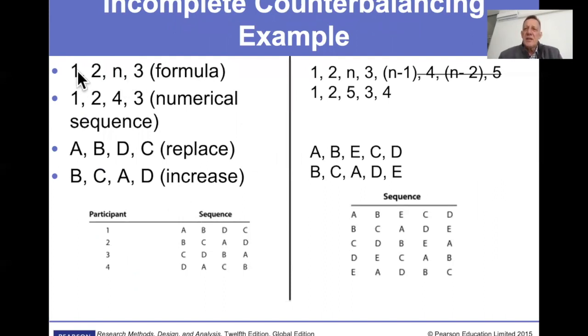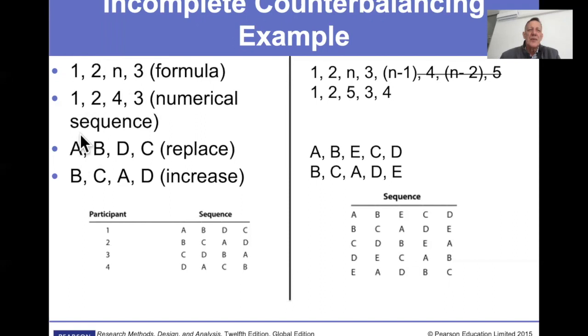If we have 4 levels, we'll use the first part of the formula: 1, 2, n, 3. So it's 1, 2, 4, 3 as the numerical sequence.